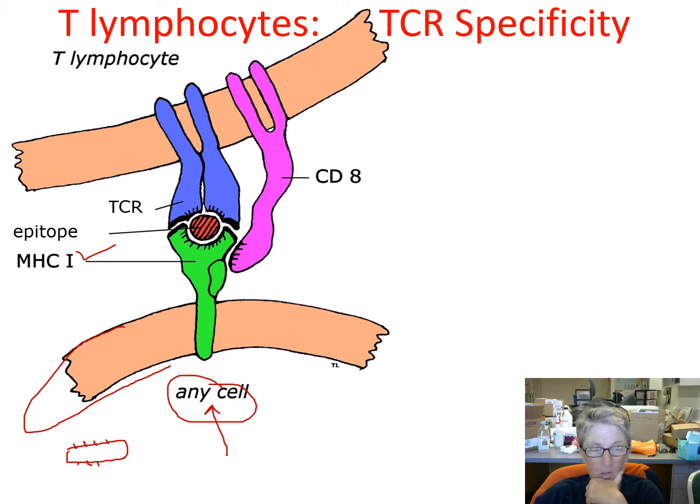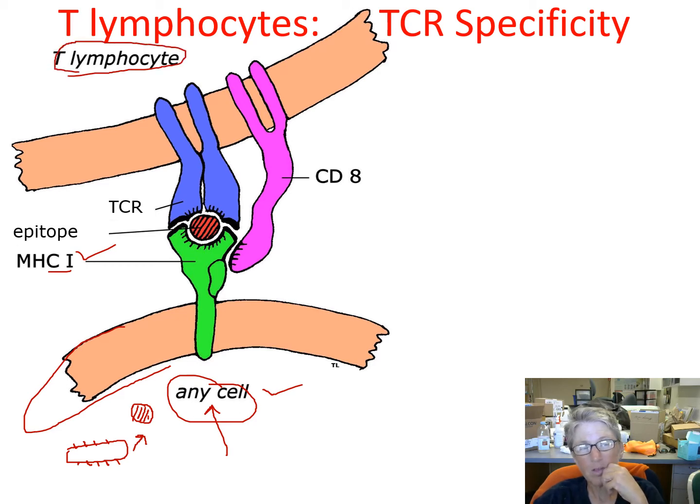And the molecular machinery of any cell chopped this guy up, and a piece that looked like this was stuck into this MHC1 protein, and then the MHC1 protein and the epitope, a specific epitope from the bacterial cell, were presented outside of this cell.